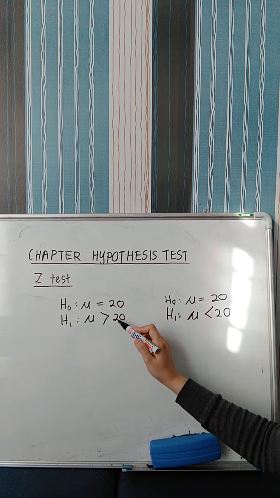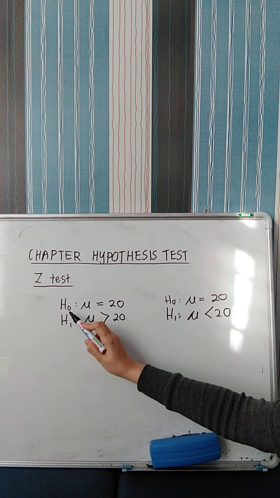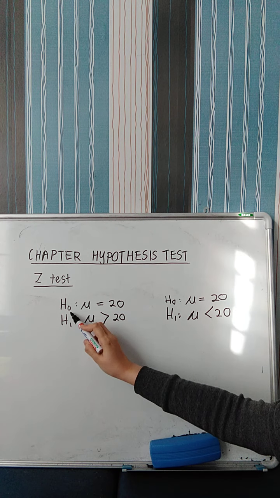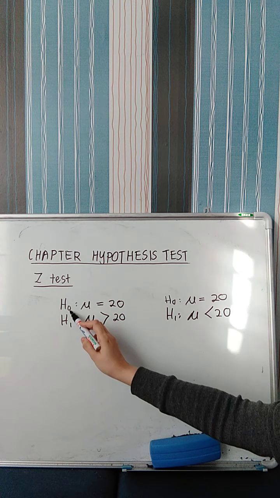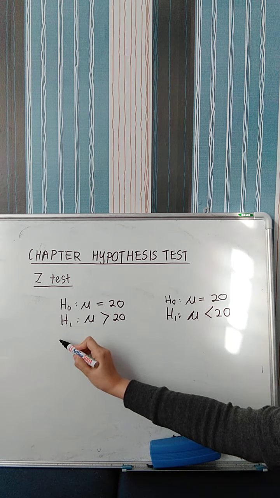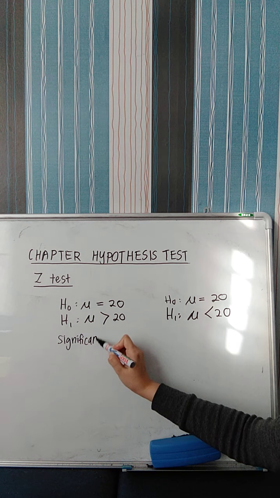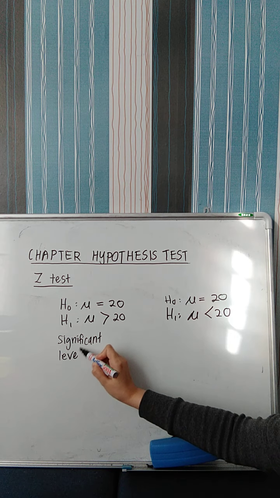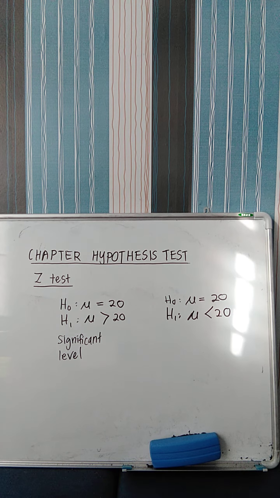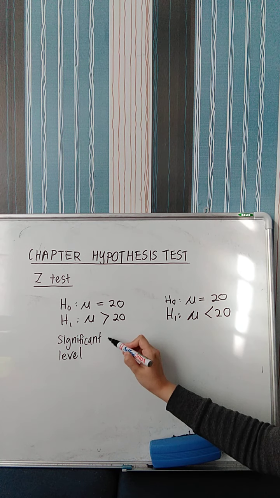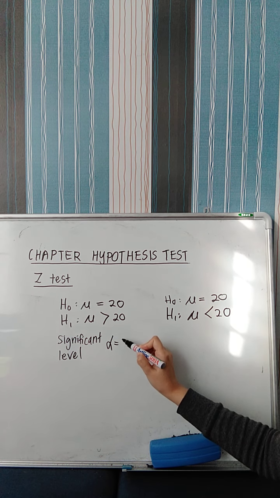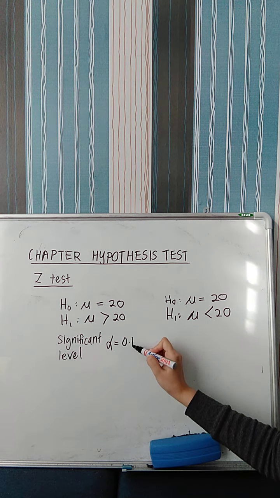After you state H0 and H1, you continue to significance level. Significance level is a value given, for example alpha equal to 0.1.